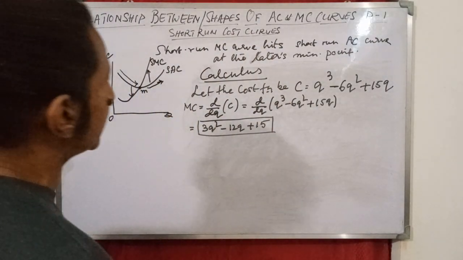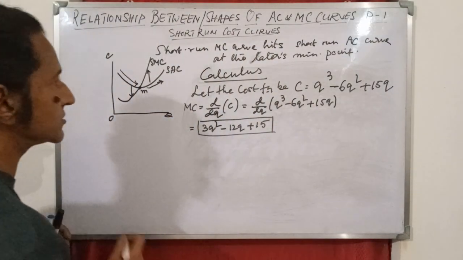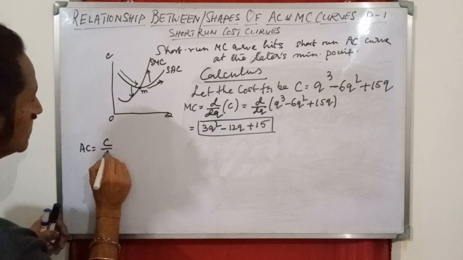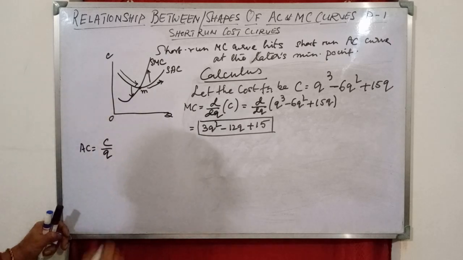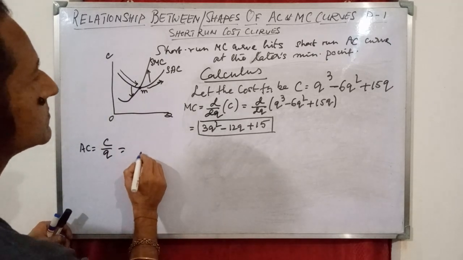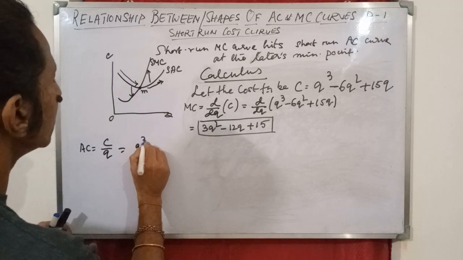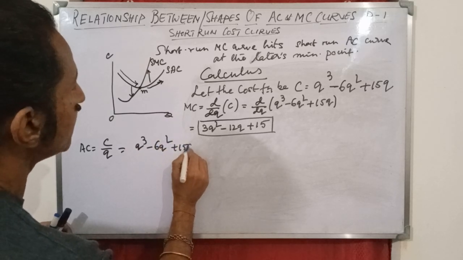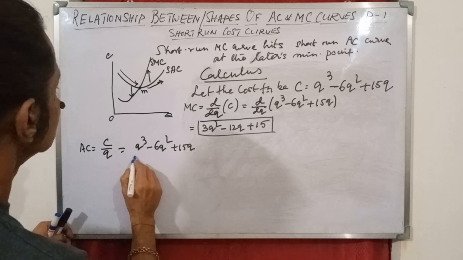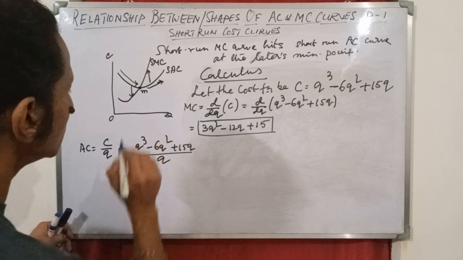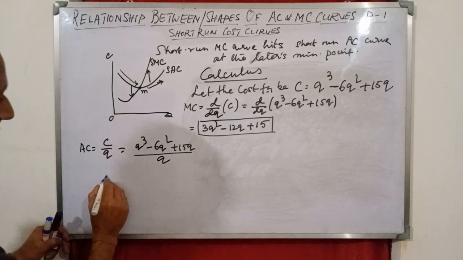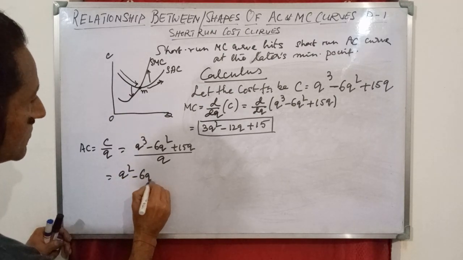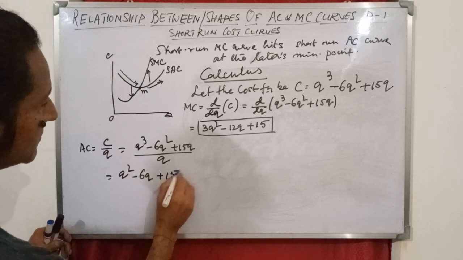Now let us see what is happening in case of average cost. Average cost AC equals C by Q, which is equal to Q cube minus 6Q square plus 15Q divided by Q, which is equal to Q square minus 6Q plus 15.